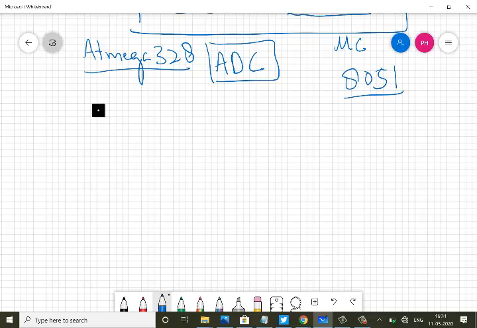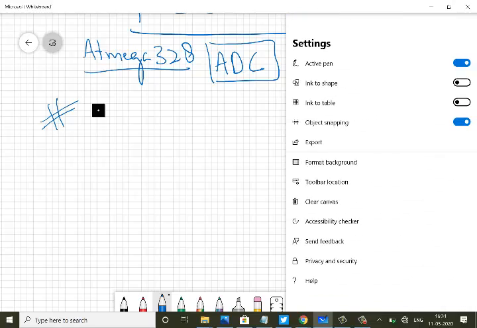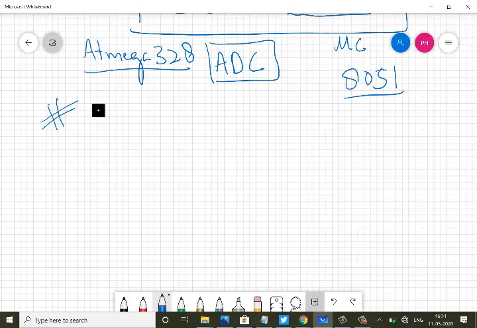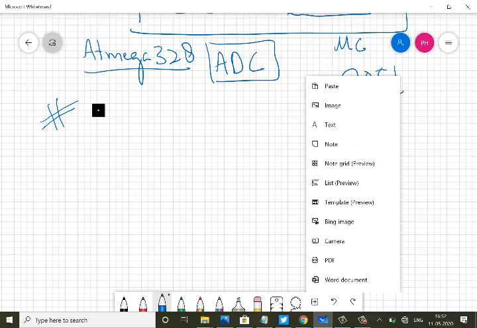Let me try to explain how we exactly interface sensors with our microcontrollers, or what exactly a signal conditioning block is. Let me take an example of a very basic sensor. I might have a picture here.